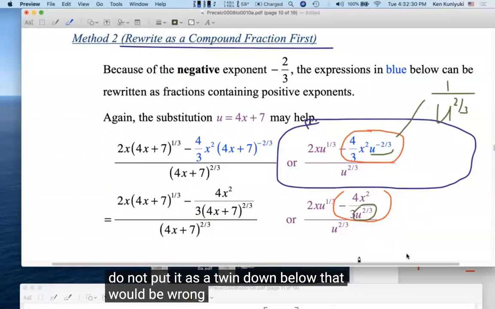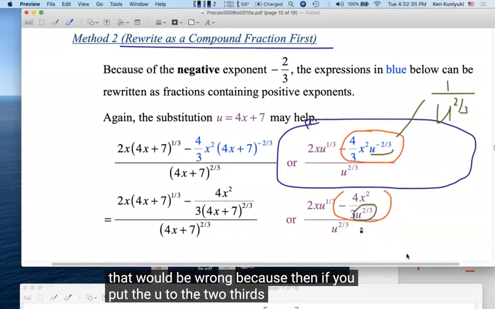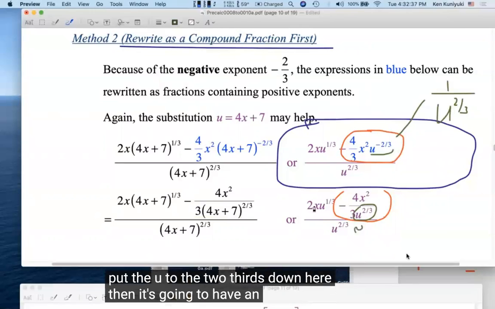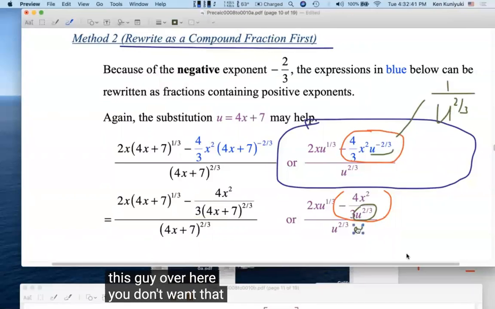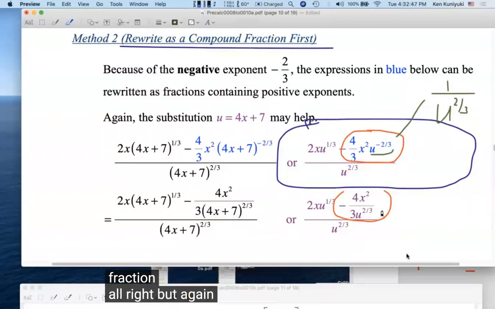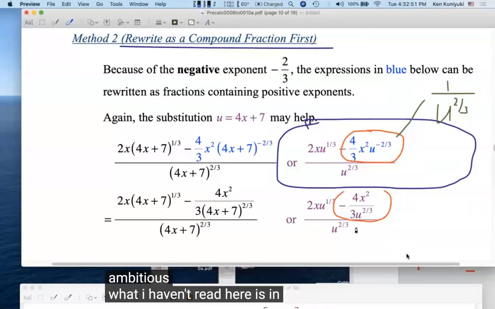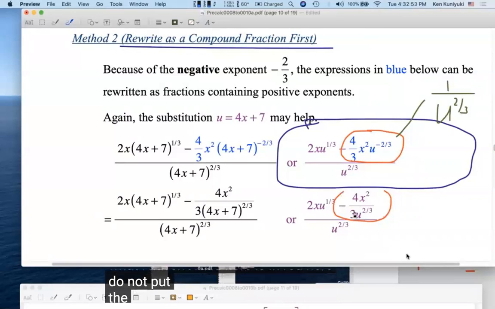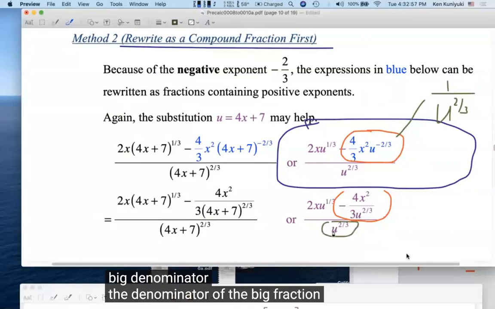That would be wrong, because then if you put the u to the 2/3 down here, it's going to have an impact on this guy over here. You don't want that. So we have a small fraction inside a bigger fraction, but again, don't be overly ambitious. Do not put the little denominator in as part of the denominator of the big fraction down here.